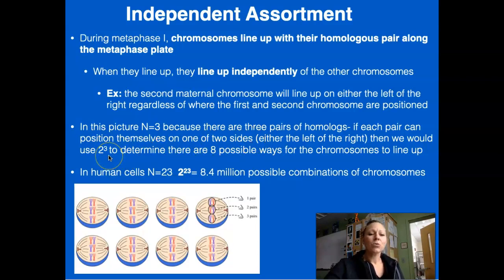But if we have 23 chromosomes, so 2 to the 23rd, that's going to give us 8.4 million combinations of chromosomes, meaning maybe the blue will be here this time, and maybe the blue will be somewhere else the next time. It's going to be 8.4 million different possible combinations. And so that's going to allow for 8.4 million different outcomes of a cell, or chromosomal combination, at the end.